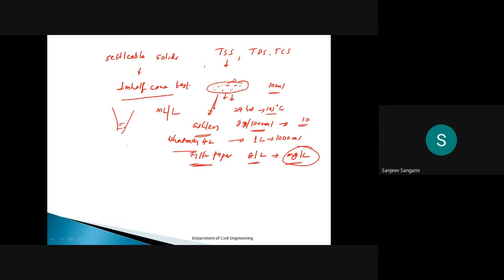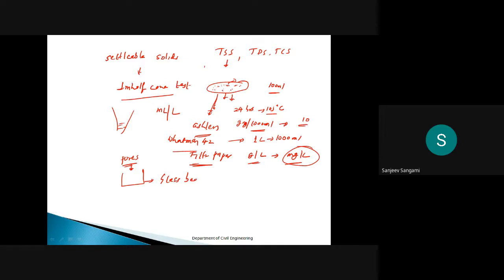I said once you filter it, some of the solids will pass through the filter paper. The filter paper has pores, and through these pores some of the solids will pass and be collected in a glass beaker.